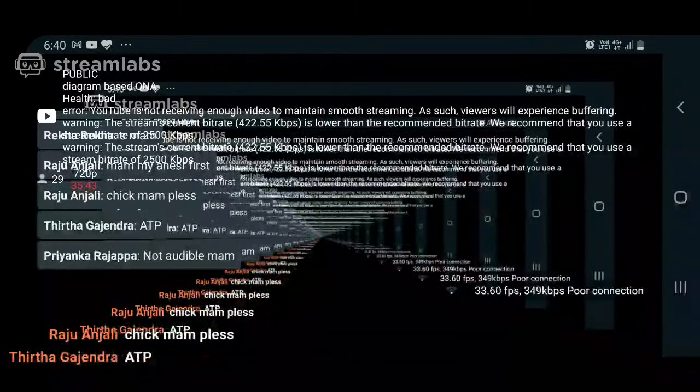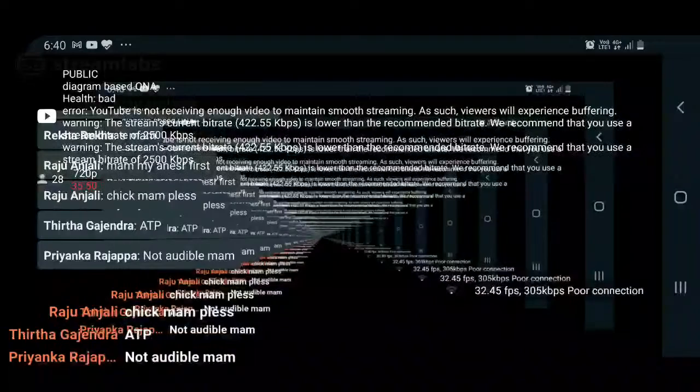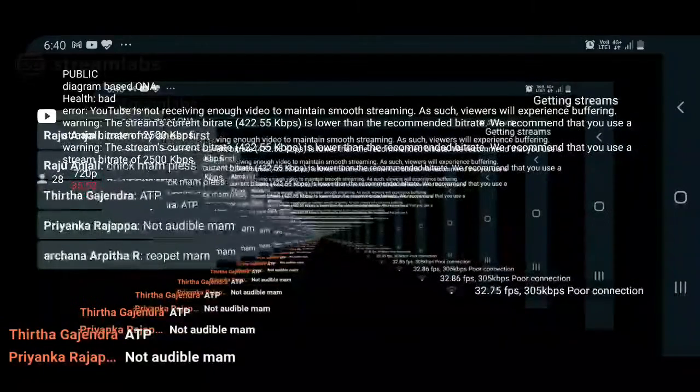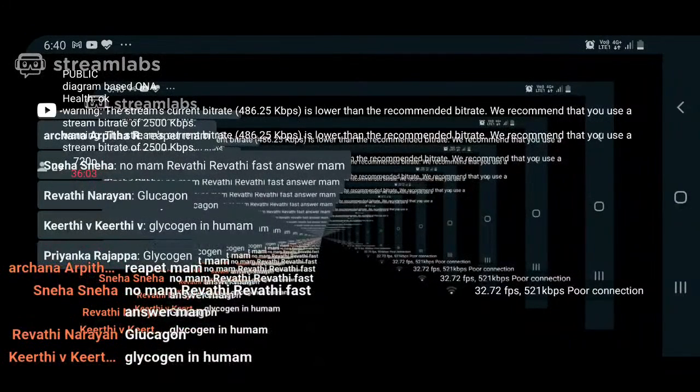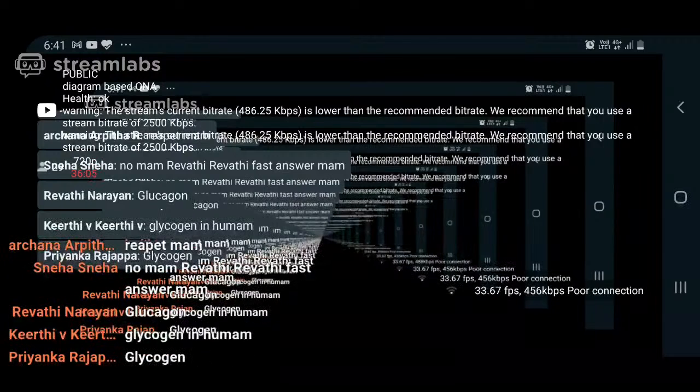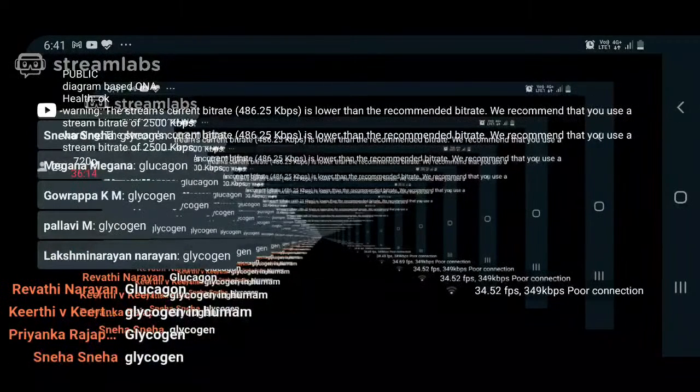No, Yashaswini, not ATP. Okay, during fasting, the stored food converts into glucose. What is the name of the stored food? Yes, Priyanka answered glycogen. Glycogen is a stored food stored in the liver, and during fasting it converts to glucose, right?